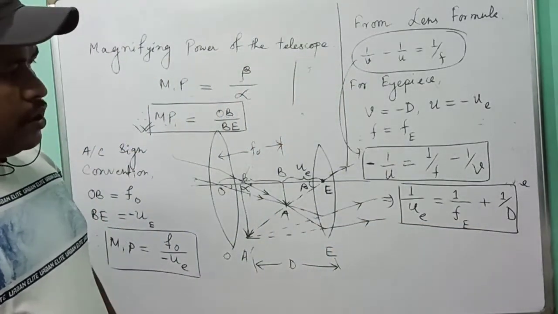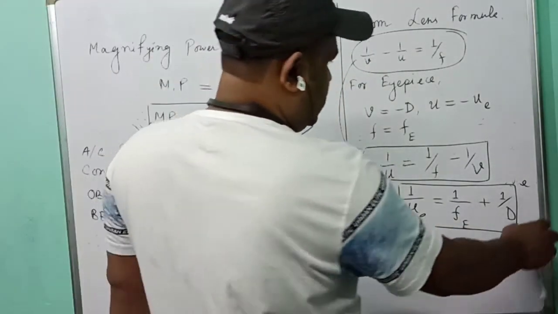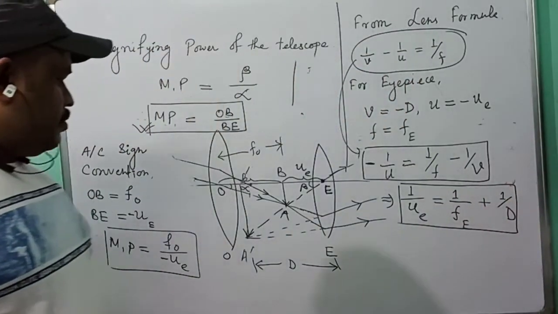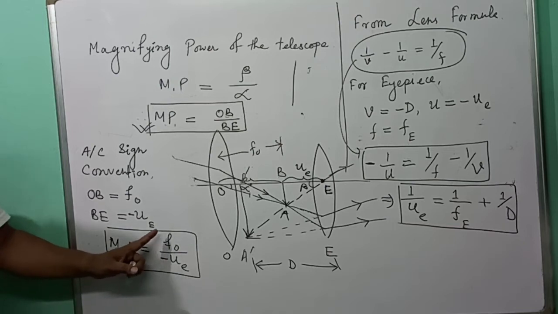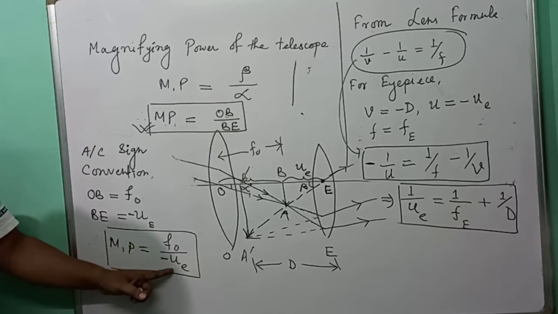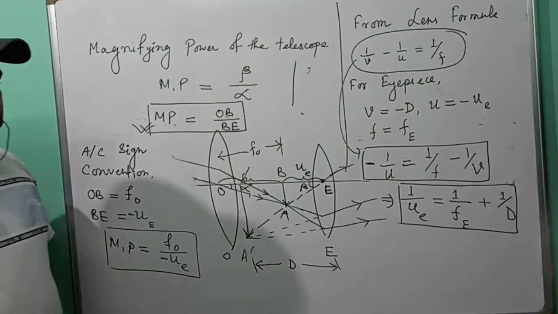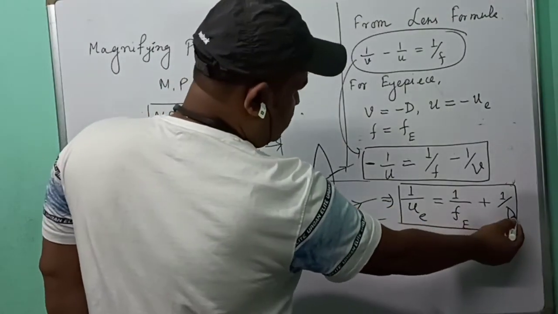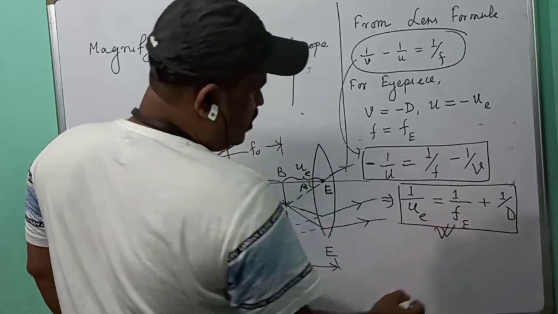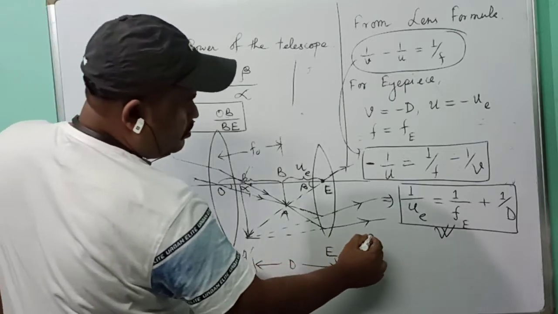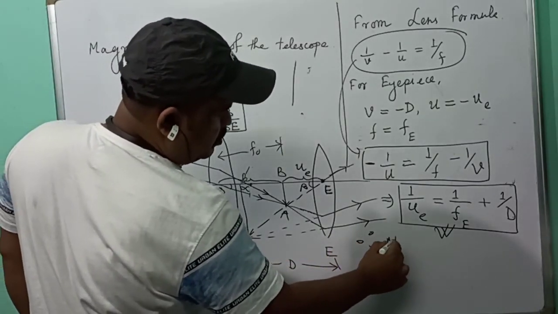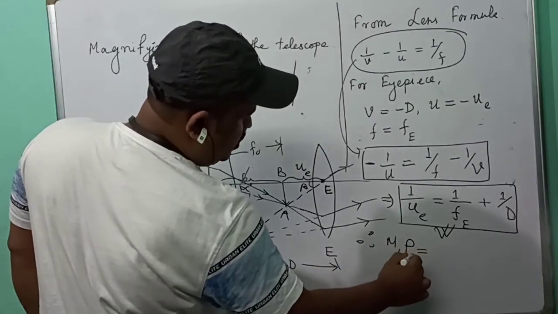So the final equation for the magnifying power: if we replace UE in terms of focal length and distance of minimum distinct vision, that is D, then we get the final equation for magnifying power.